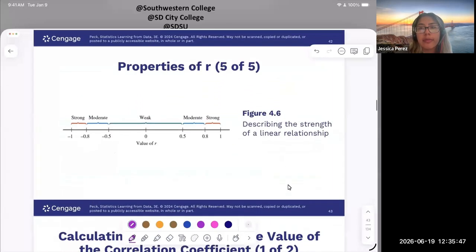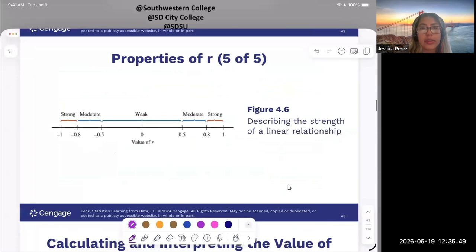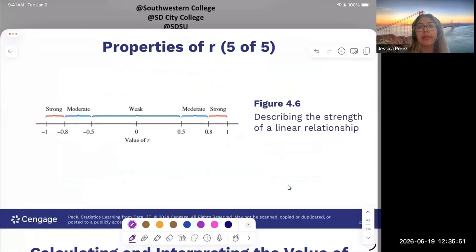Now here we have a scale that represents where the value of R lies. If it's past 0.8, that's considered a strong linear correlation. If it's between 0.5 and 0.8, it's considered a moderate linear correlation. If it's anywhere between -0.5 and 0.5, that is weak.